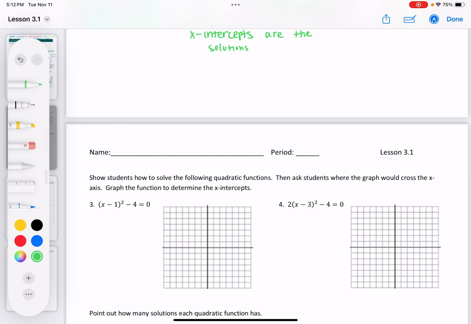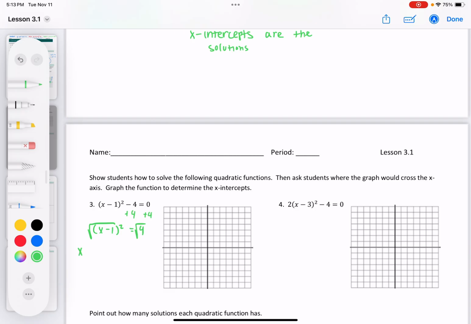On number 3, we have some more things happening. Again, we can't square root until the thing that is squared is alone on its side of the equal sign. So we have to get rid of the 4 first, and we get (x minus 1) squared equals 4. Now the next thing we need to do is square root, because the 1 is trapped until the square is gone.